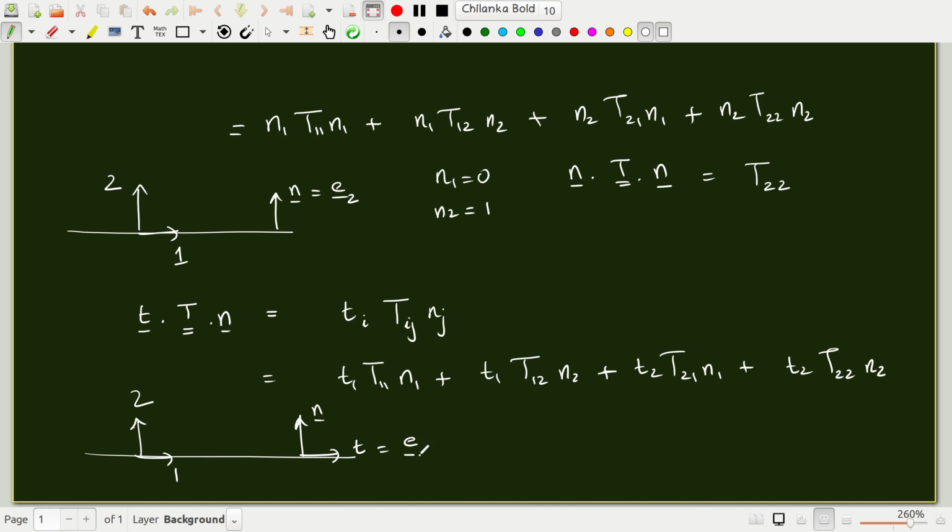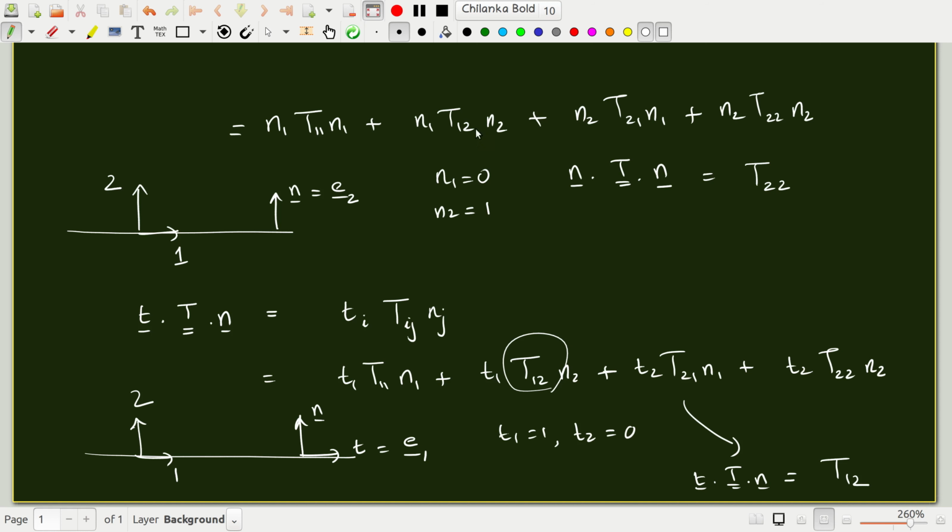Now t becomes e1, that is t1 is 1, t2 is 0. In this case t dot T dot n is simply T12, because all the others will be 0. You know that n1 is 0, n2 is 1, t1 is 1, so this is contributing. n1 is 0, t2 is 0, this is not contributing, and so on.